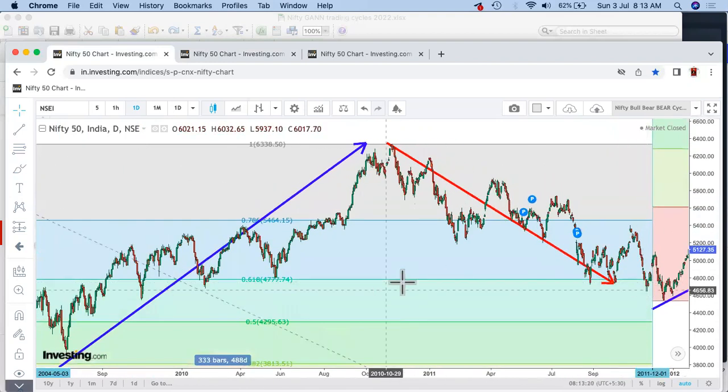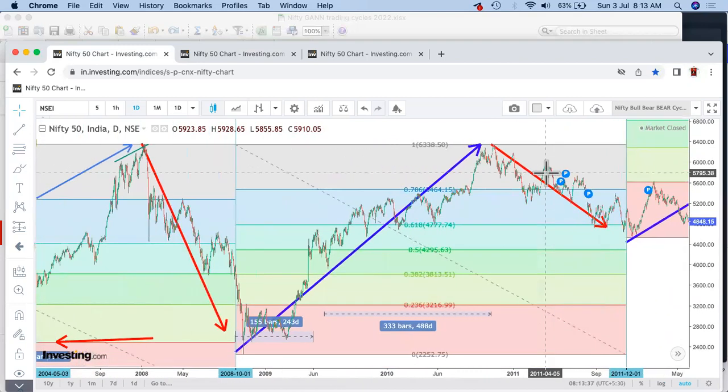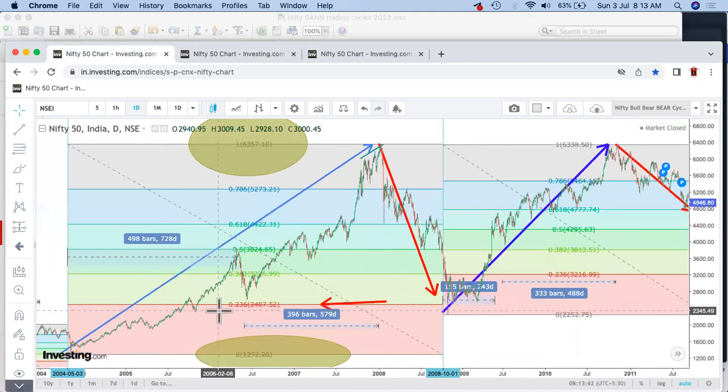I'll tell you why. Because again, here we have been getting a cup and handle. In our part also, we have been getting a cup and handle. We'll see that separately. But yes, more of the resemblance has been the same. That's why I'm considering that. We have been getting a resemblance of two bear cycles. One is this bear cycle, which has come down to 0.5 level.